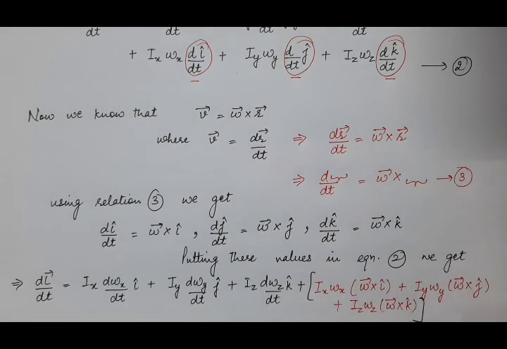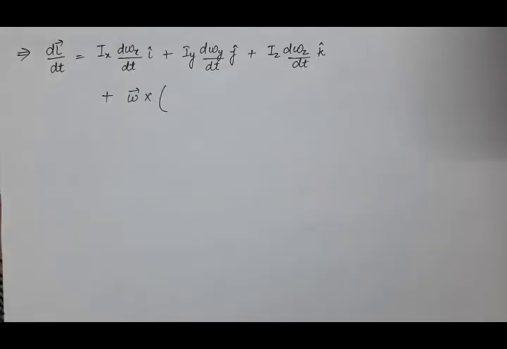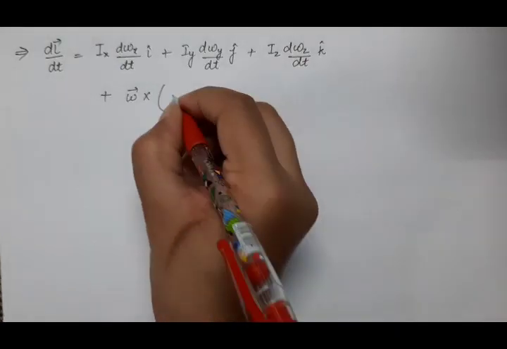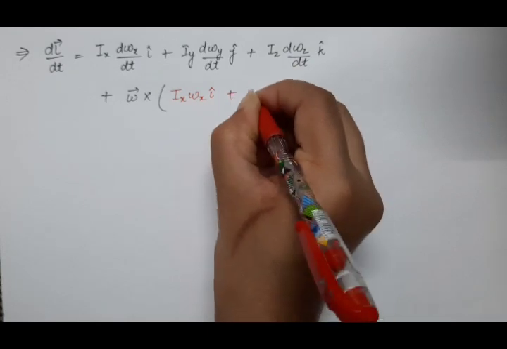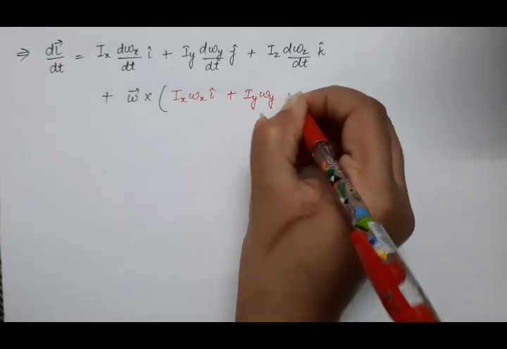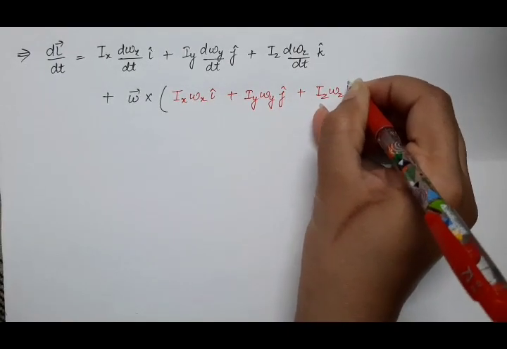And in these 3 terms, you can see this omega vector cross is common. So you can rewrite these 3 terms this way. Taking omega vector cross common, what will remain inside the bracket is Ix omega x i cap plus Iy omega y j cap plus Iz omega z k cap.